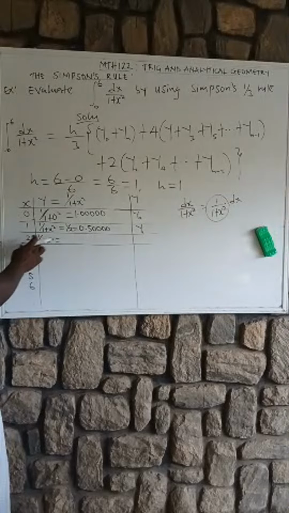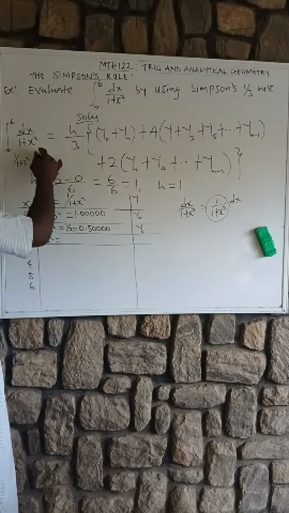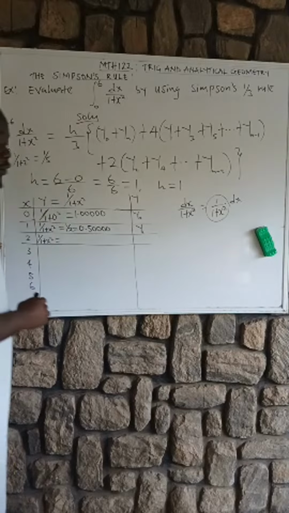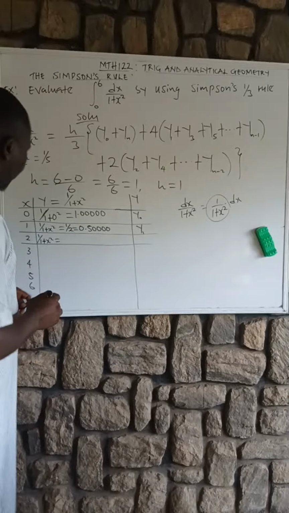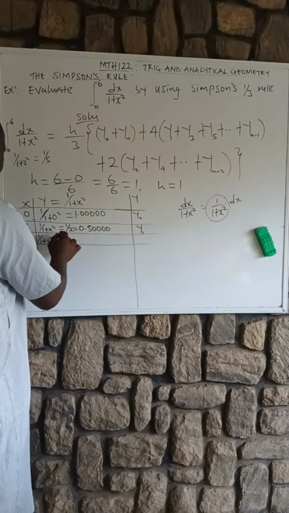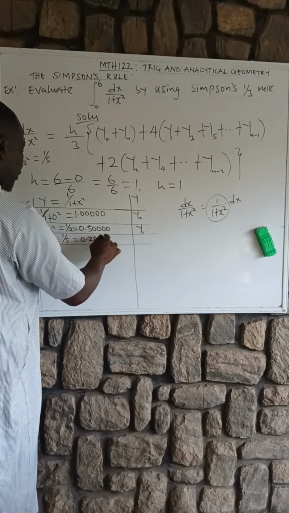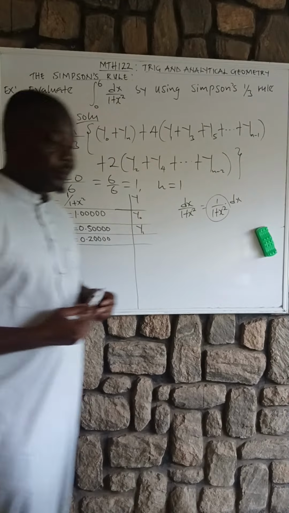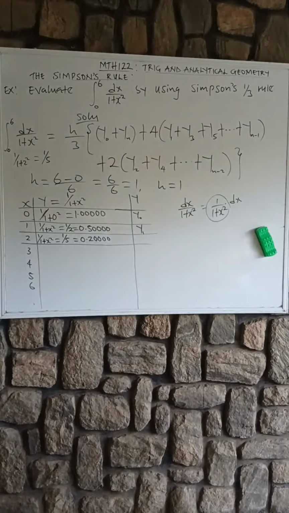So that is 1 all over 1 plus 2 squared. This is 1 all over 4 plus 1, which is 1 all over 5. True or false? It's true. So 1 all over 5 gives 0.2000. Am I right? Are you following?